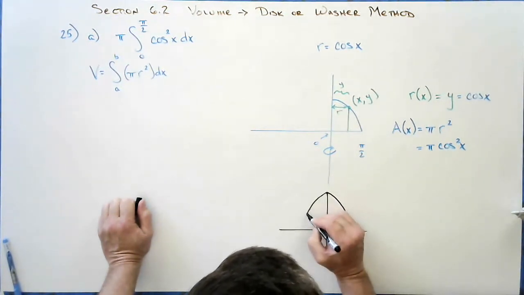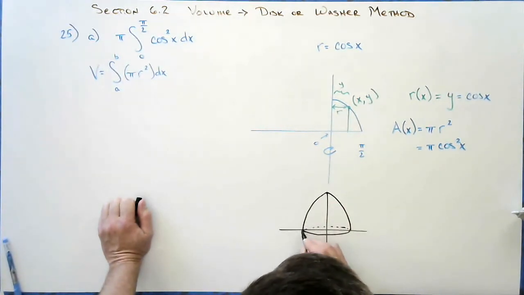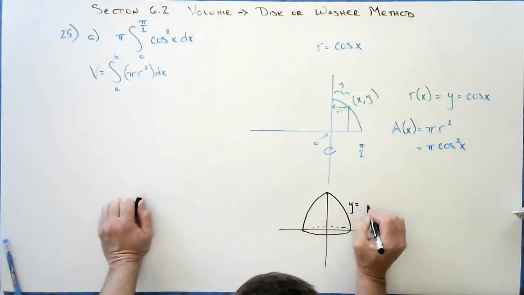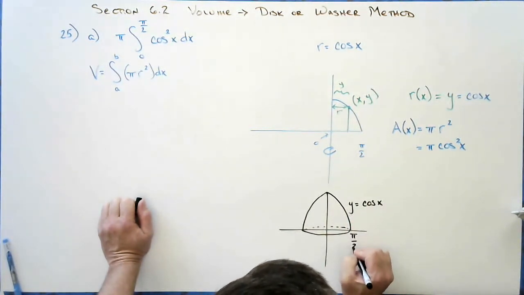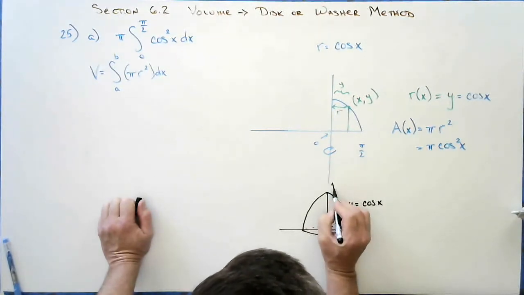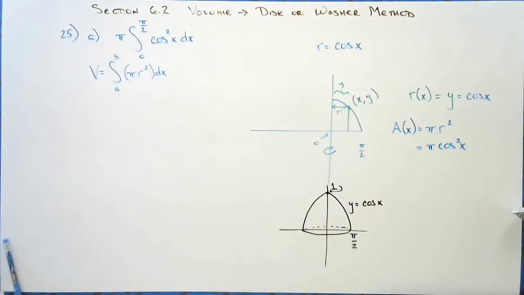It would have its corresponding piece over here, and then it would look like this, where this is the graph y equals cosine of x, and this is the point pi over 2, and of course this is the point 1, right? Because that's the top of the cosine curve.